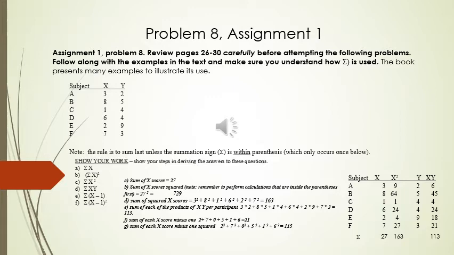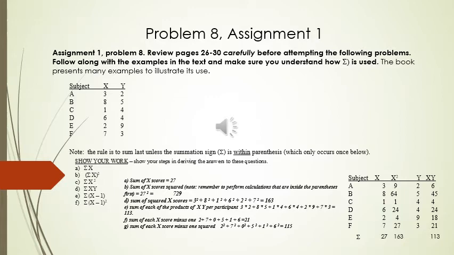You can see that in that third column, in that little table over there. I have x and then I have x squared. I squared all those x's, and then the last thing I did was sum them together, and that was 163. So the answer to C is 163.